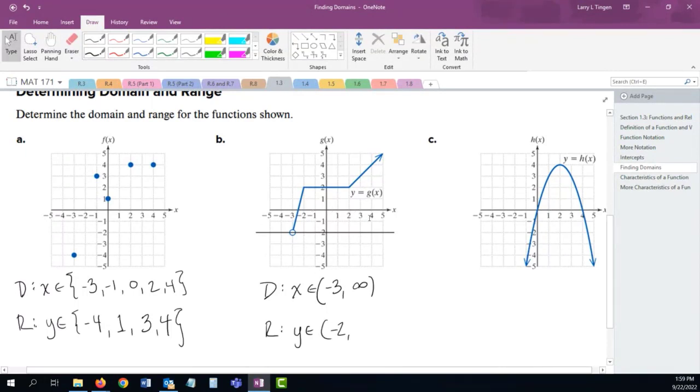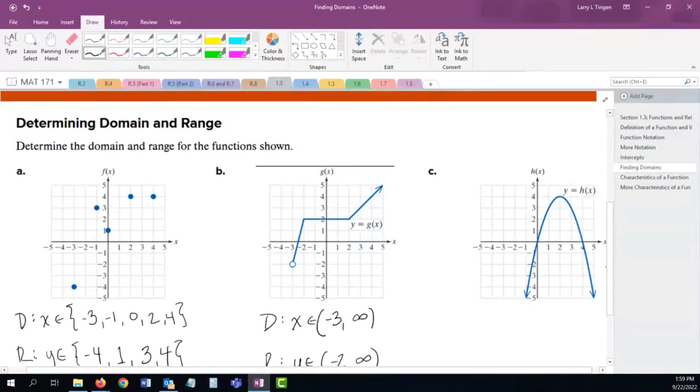And then I continue that all the way up to the arrow, which goes on. So this means this behavior continues forever. That means this function's rising forever. And forever in math is infinity. All right. Questions there?